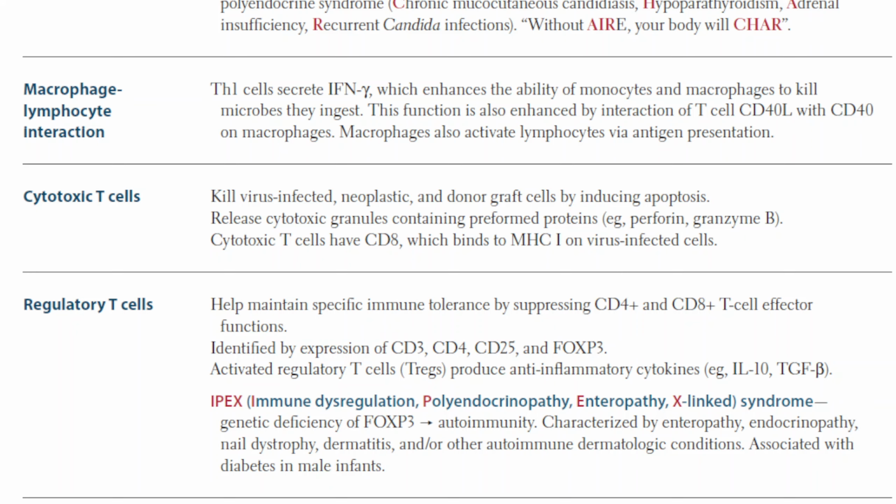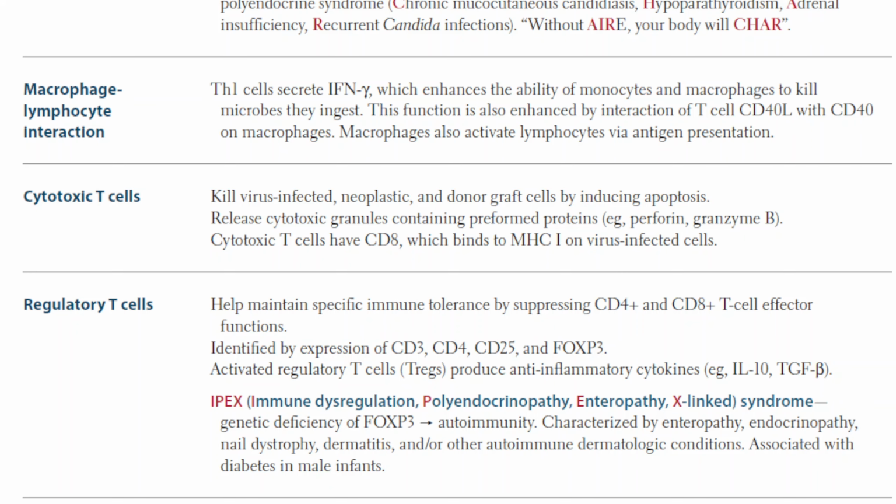They are identified by expressing CD3, CD4, CD25 and FOXP3. They are activated regulatory T cells. In the graphic, we can see them as Treg or T regulatories. They produce anti-inflammatory cytokines like interleukin 10 and transforming growth factor beta.